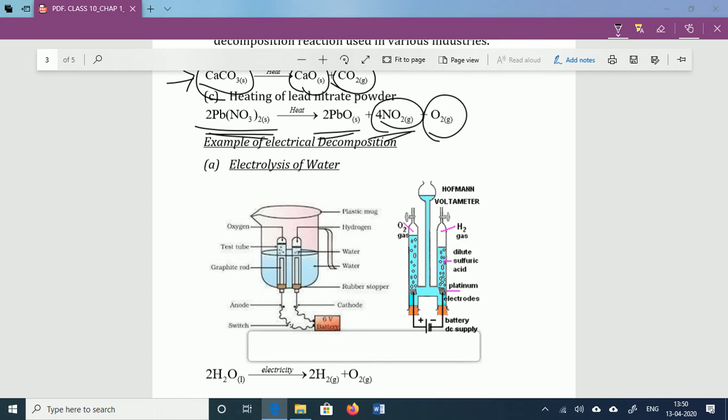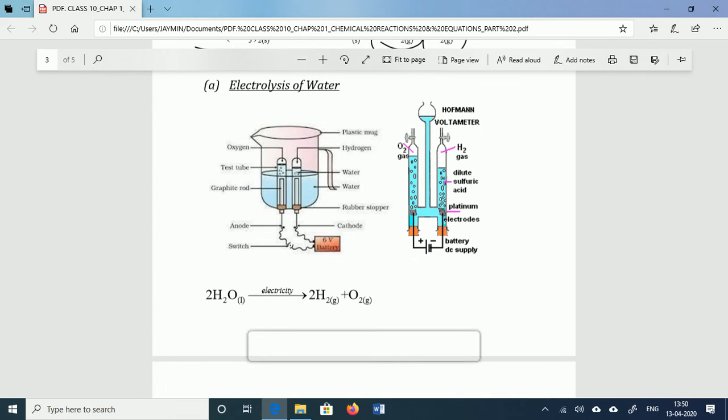Only the temperature of the steam increases, but the breakdown process is not initiated by heating. So how do we facilitate the breakdown of this water molecule? The water molecule can be broken with the help of electricity, with the help of the electrolysis process. So electricity is required for the breakdown of the water molecule.